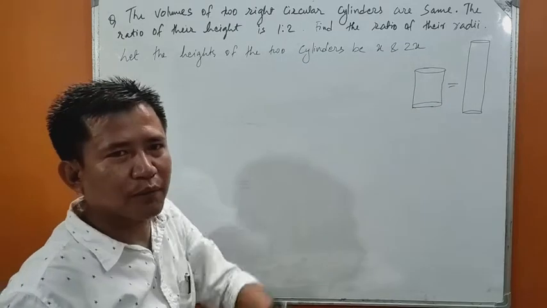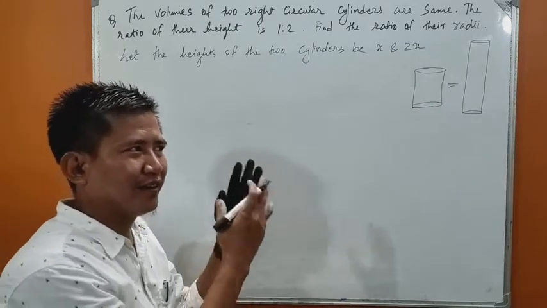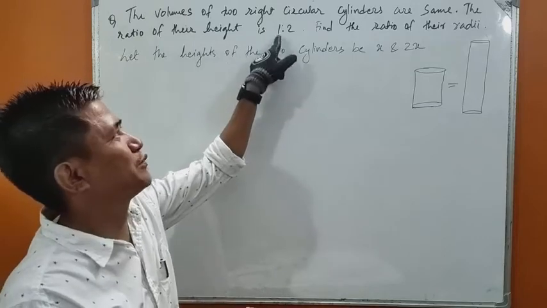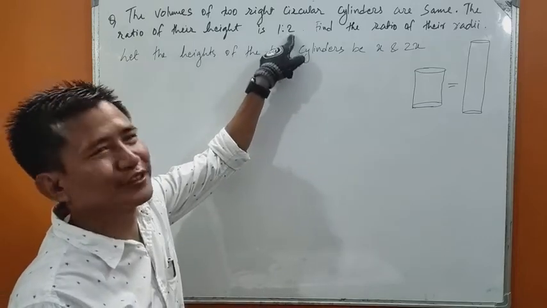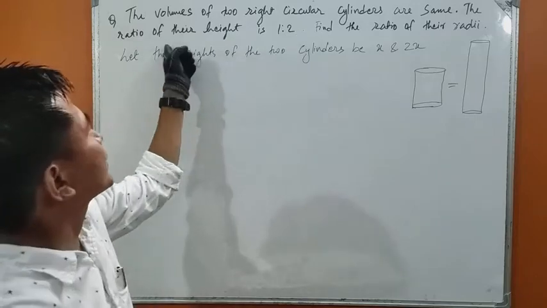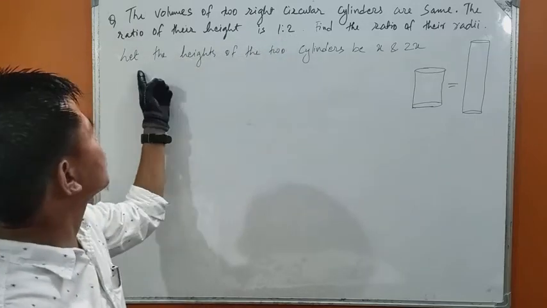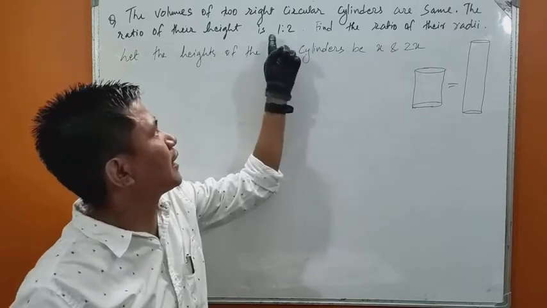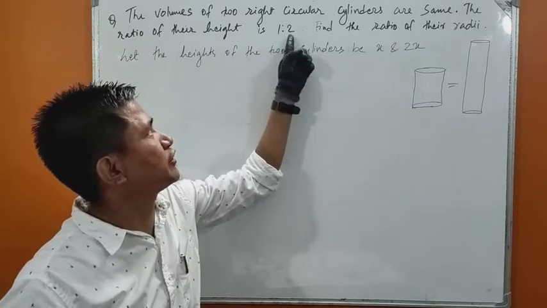We have done this type of question in the arithmetic portion, ratio and proportion. We must suppose 1 into x and 2 into x. So let the heights of the two cylinders be x and 2x.